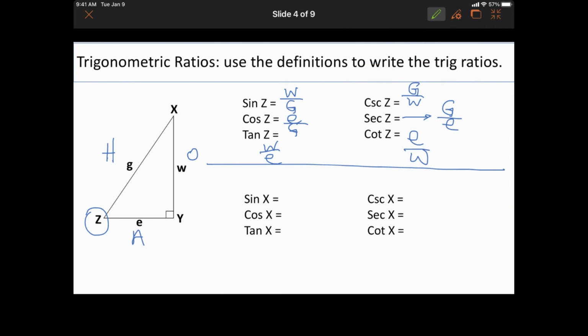Now for x, I'm going to mark it in a different color. It does help. I'm going to change this. This is now going to be my opposite. This is now going to be my adjacent. So my sine is opposite over hypotenuse. So it's E over G. My cosine is W over G. And the tangent is E over W. And for these, it's going to be the reciprocal of the sine, cosine, tangent.